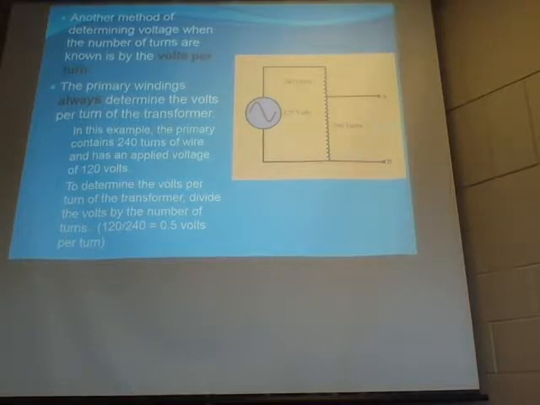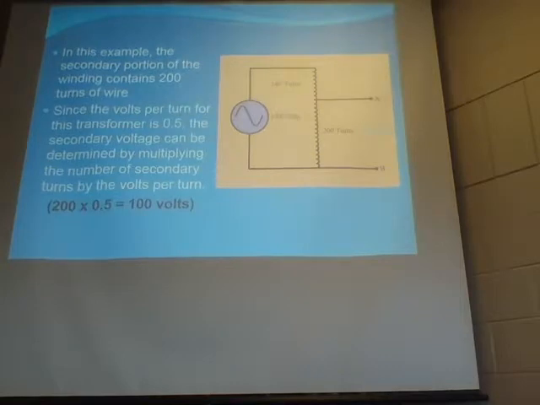To determine the volts per turn, divide the volts by the number of turns, and you end up with 0.5 volts per turn. The secondary portion of the winding contains 200 turns. Since the volts per turn is 0.5, the secondary voltage can be determined by multiplying the number of secondary turns by the volts per turn, and again you get 100 volts.